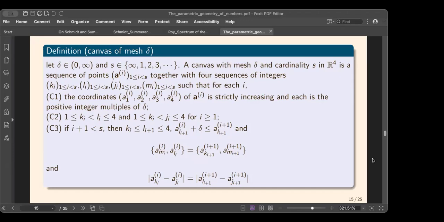If we go with horizontal lines from the M, L. So let's fix AMI. We start with the horizontal line and reach the same point. Now the same point on the next step will be called either AM I plus 1 or AK I plus 1. There are two options for it. If we called it AK I plus 1 and then we start our new horizontal line from ALI, then it arrives to the remaining one, which is AM I plus 1.